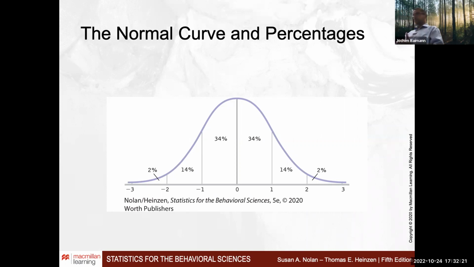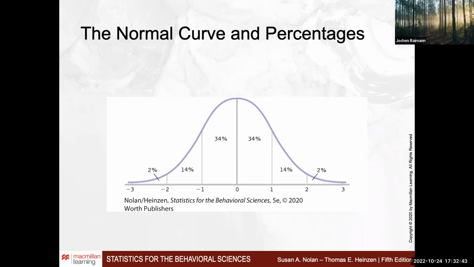I assume that all of you are comfortable with integrals. You know that you can calculate everything that is under this curve. If you split this in half, to the left, you're at 50%. You go now 1 standard deviation to the left, to z equals -1.